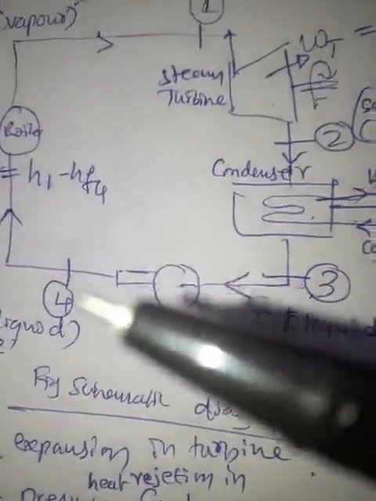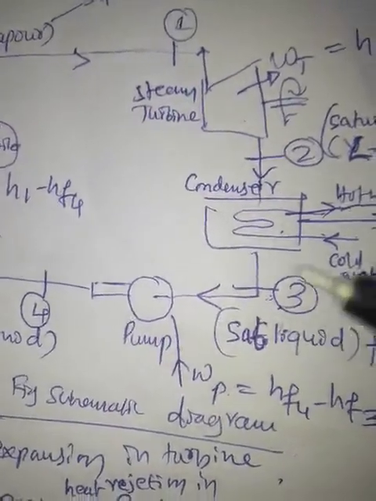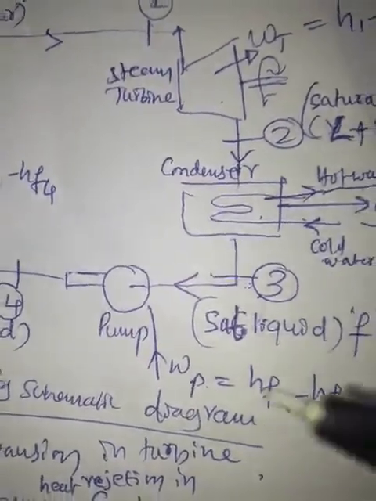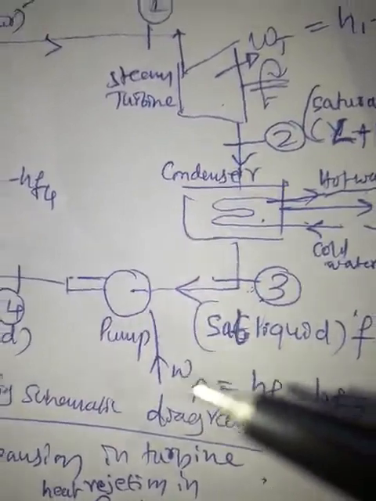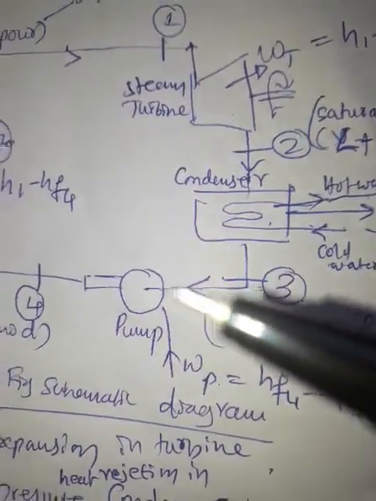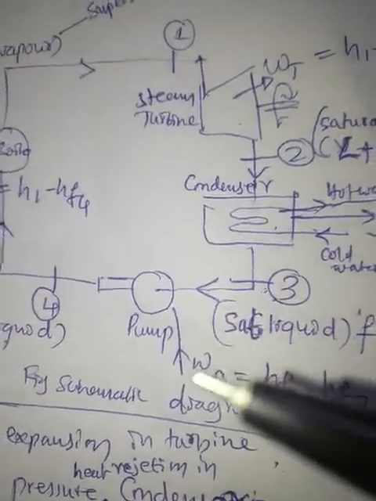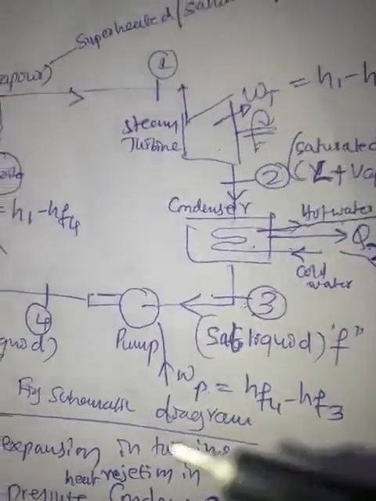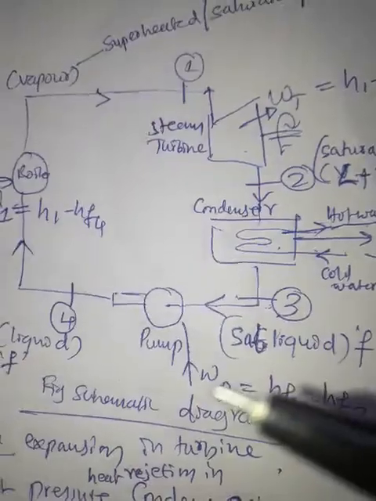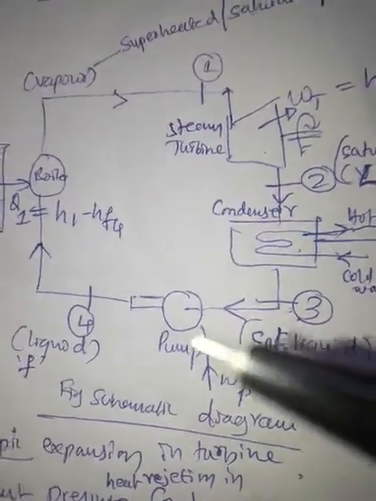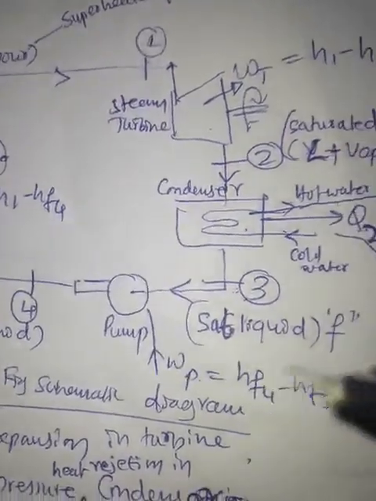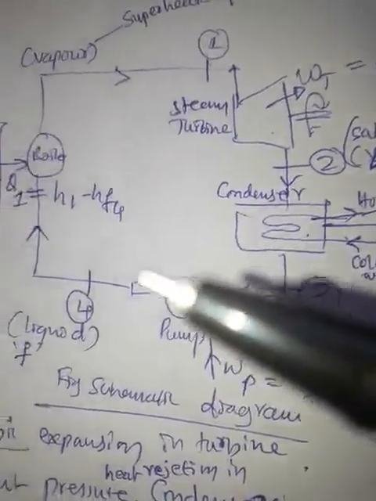This higher enthalpy HF4 minus lower enthalpy HF3, the difference of both, is nothing but the pump work supplied to the pump. Pump work is supplied as a part of the turbine work generated in the Rankine cycle. So this is WP, that is HF4 minus HF3, supplied to the pump.